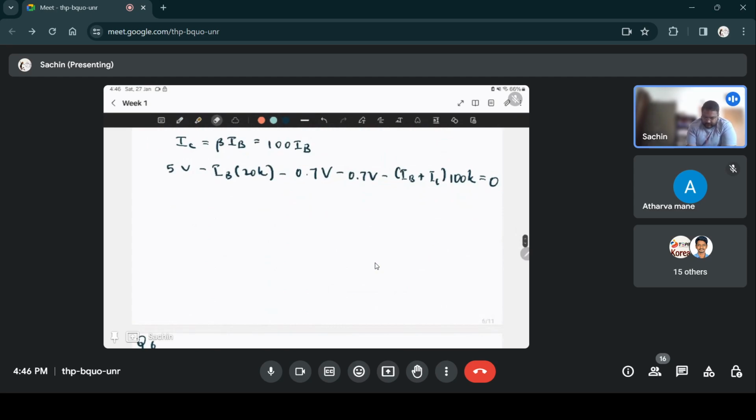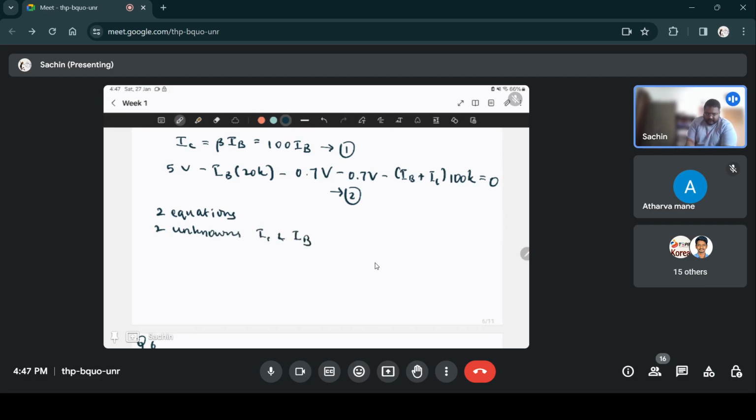And then you can use the fact that IC is 100 times IB. So you got two equations. This is 1, it is 2. You have two unknowns, IC and IB.